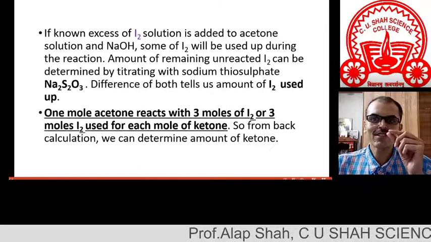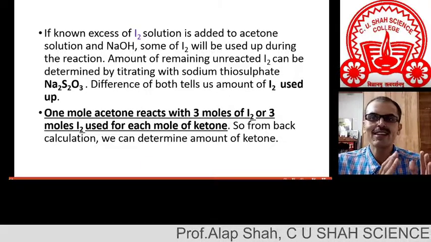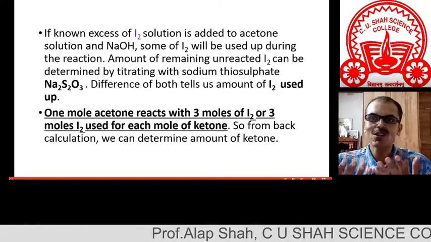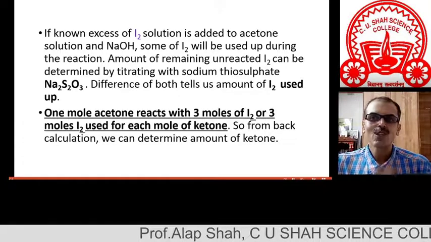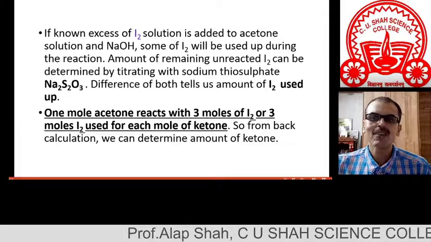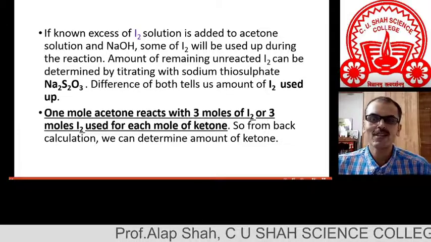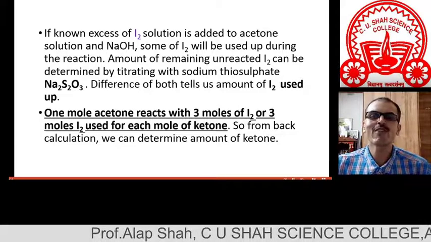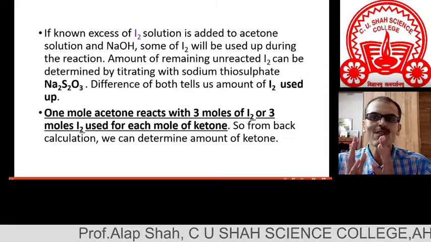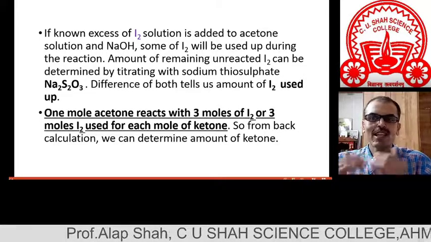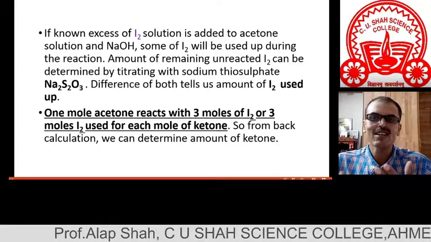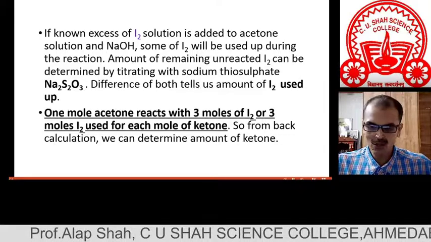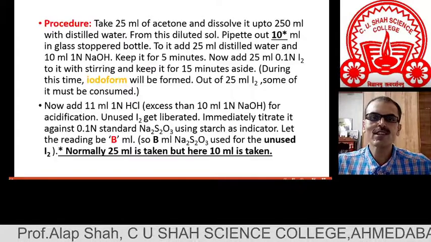The iodine added is known, and how much I2 is unused we can determine, so the difference will tell you how much I2 is used up. And you know that if 3 moles of I2 are used, there can be 1 mole of ketone. So from the amount of I2 used up, with back calculation, you can determine the amount of ketone. So let us check the procedure.